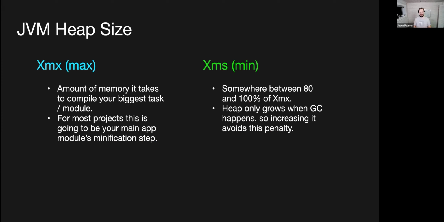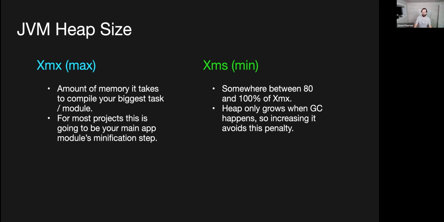For most projects, this is going to be your main app, or your module's minification step, or maybe Android lint, or maybe Android unit tests, because whenever you fork a process with unit tests, that could end up with a separate limit or an increased limit. I'm actually not sure off the top of my head right now.